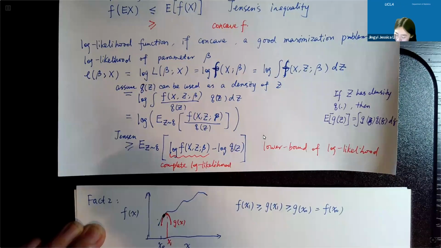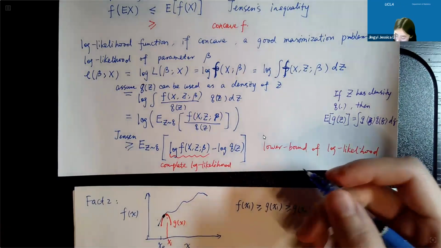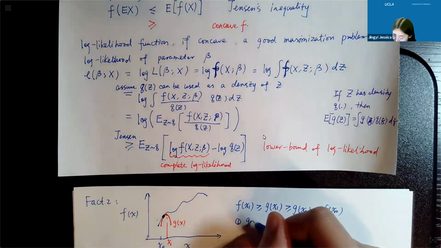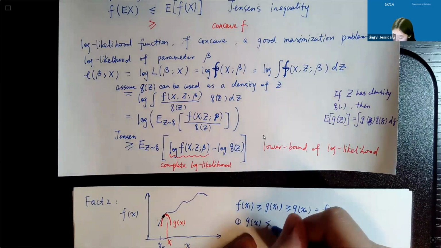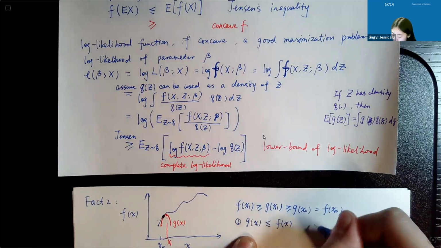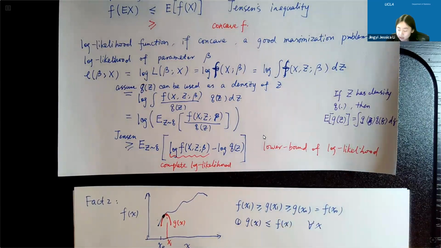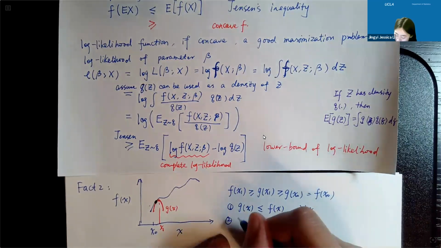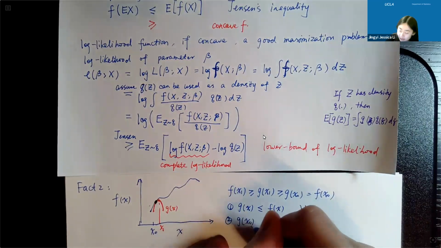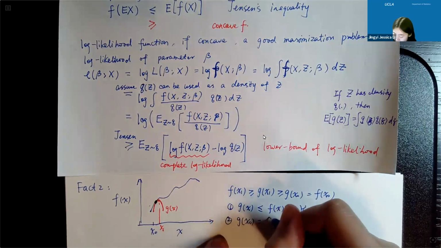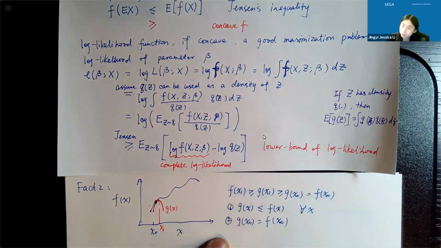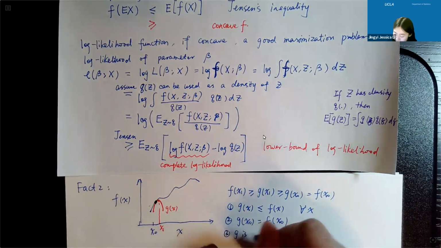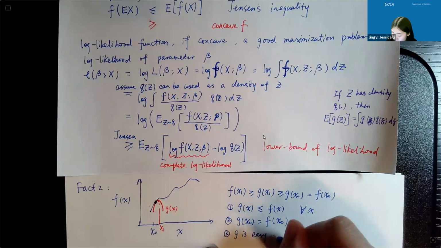So what we do, we require these things. First of all, g is less or equal to f(x) for any x. That's the first thing we need. The second thing we need is that at the current value, they are tangent: g(x0) equals f(x0). The third thing we require is that g is easy to maximize.